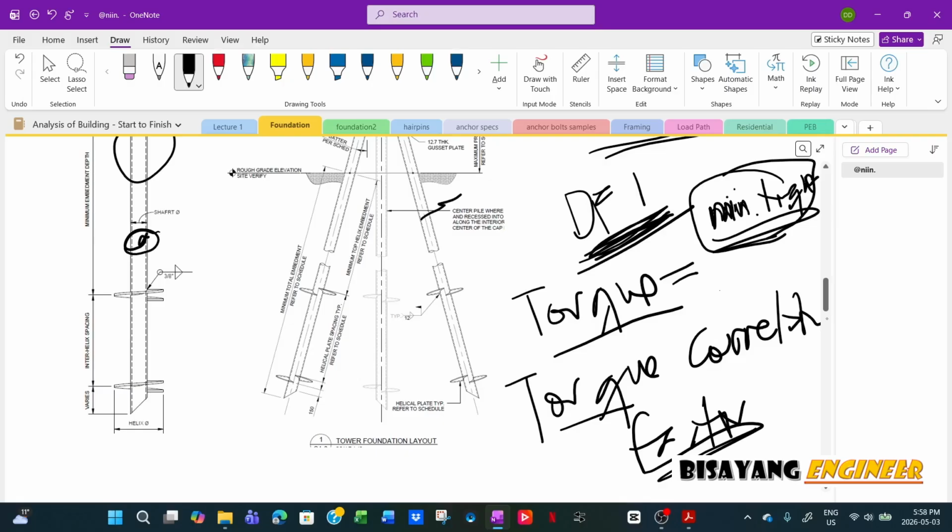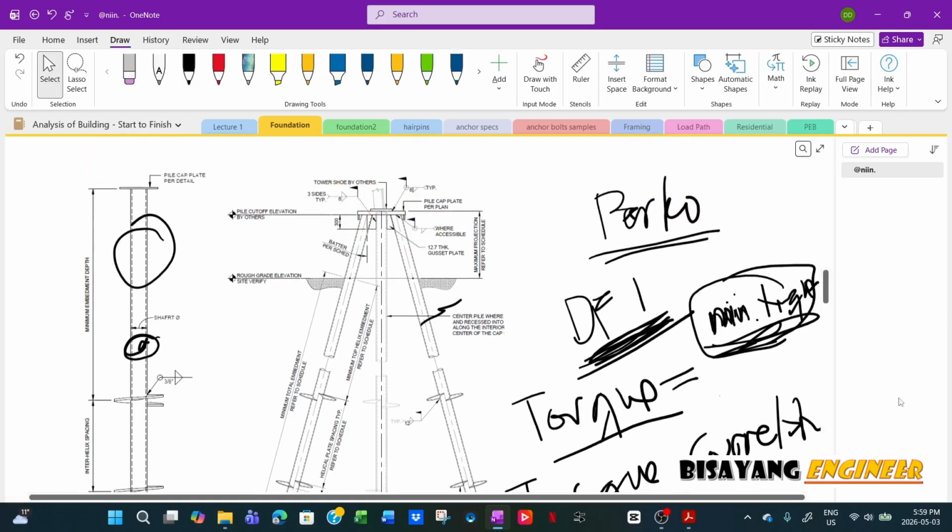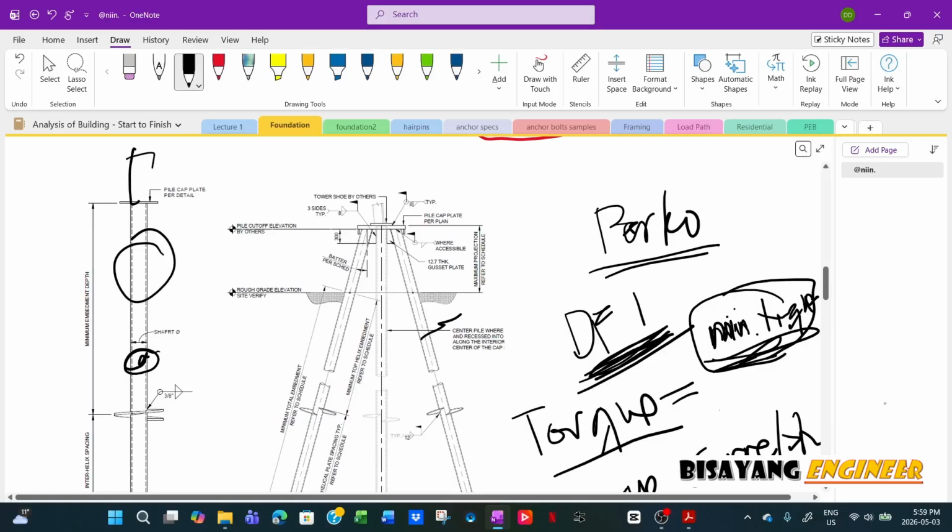At the estimated depth, whether or not they meet this, they have to inform the engineer of record and say, okay, this is the torque log. Then the engineer of record will review the installation torque. If it says this is not enough, then go deeper, and it's easy, you just splice it, so you could go 60 feet down or 40 feet.